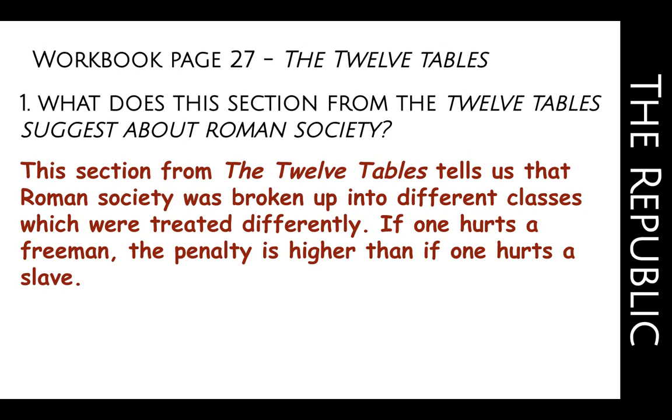You can tell this because in the 12 tables, if you hurt a free man, the penalty, the fine that you have to pay, is much higher than if you hurt a slave. Slaves were not as valuable as free men. So if you injure a free man, the penalty is higher. That makes sense.